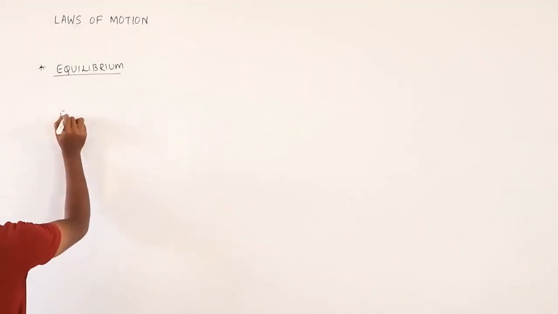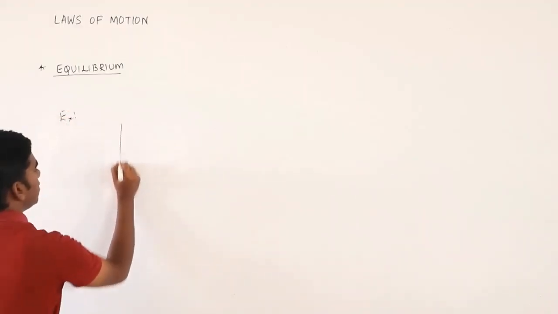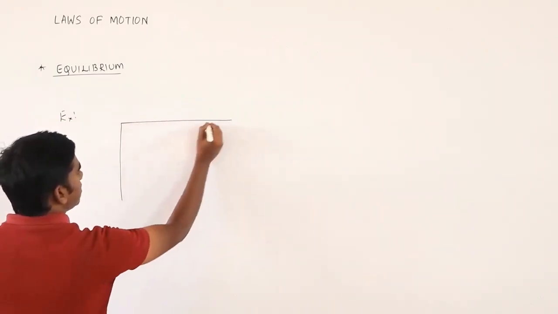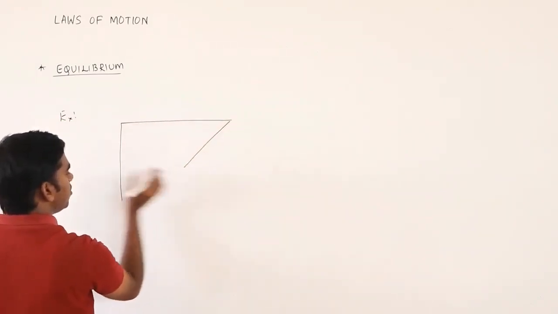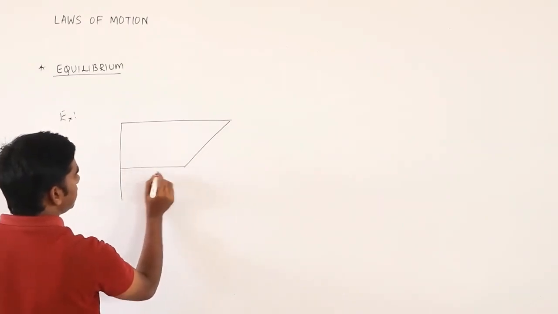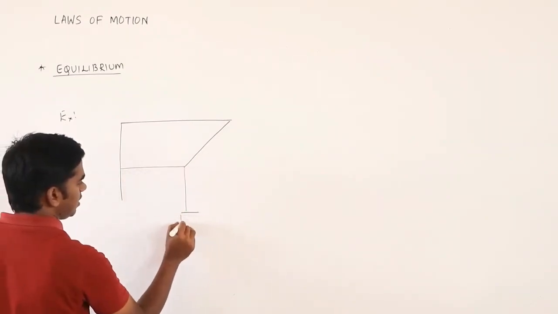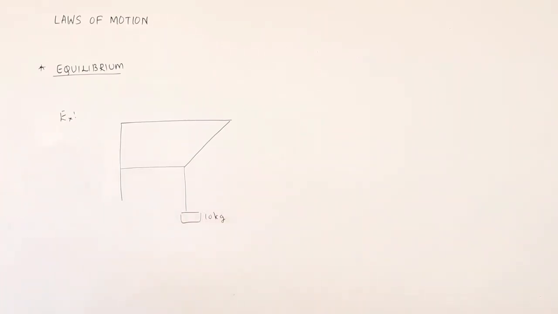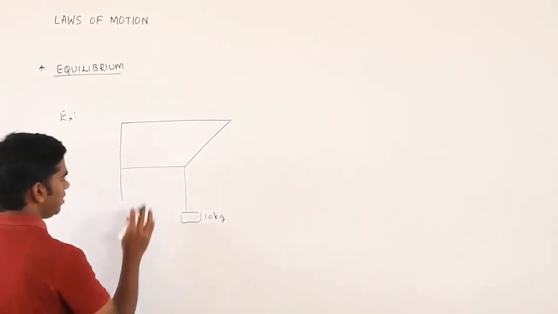Take another interesting example. Say some rigid support is there on both sides. A mass is connected over here, and it is pulled on this side. Some mass of, say, 10 kg is connected over here. What they are asking is to find the tension in all three ropes.